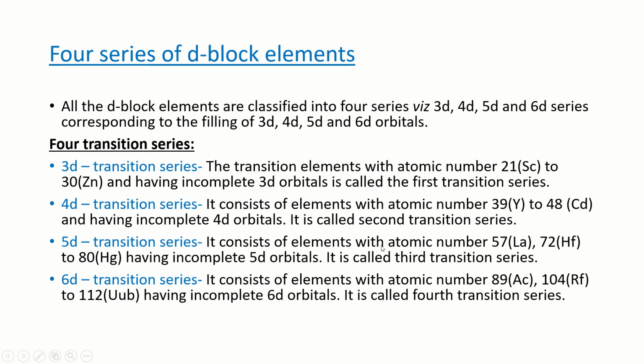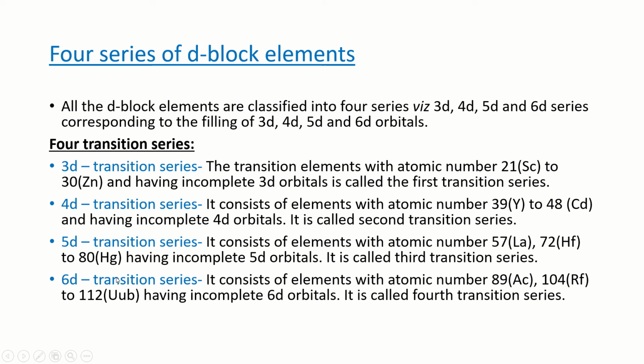The 5d series consists of elements with atomic number 57 and then 72 onward. Elements 58 onward are called the lanthanoid series, which belong to the inner or f block elements, called the inner transition elements. Atomic numbers 72 to 80 are the elements of the 5d transition series, having incomplete 5d orbital except mercury.